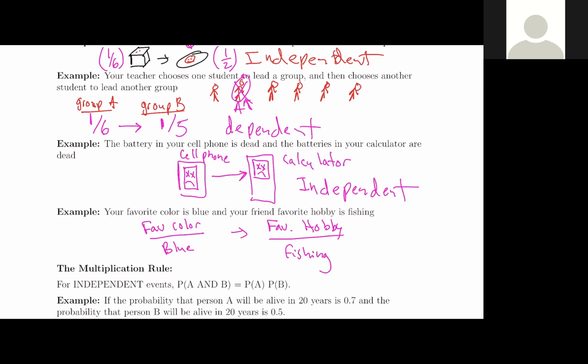So does the fact that your favorite color is blue have any influence on your friend's favorite hobby being fishing? No. So for this one, this will also be considered independent.